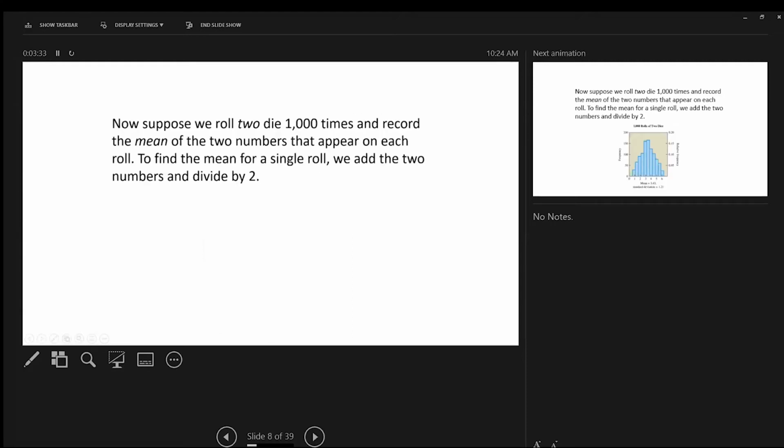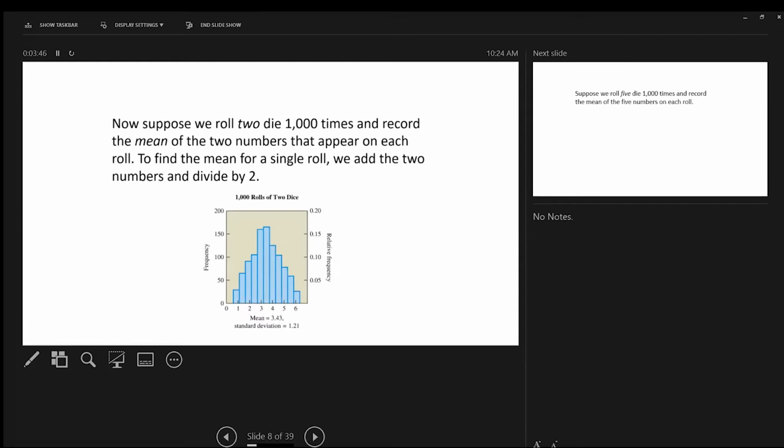Now, let's suppose we roll 2 dice 1,000 times and record the mean of the 2 numbers that appear on each roll. So we'd add the 2 numbers and divide by 2. Now we'd get a figure like this, because now we're collecting data on the averages of samples.